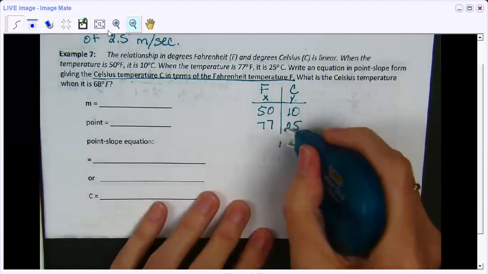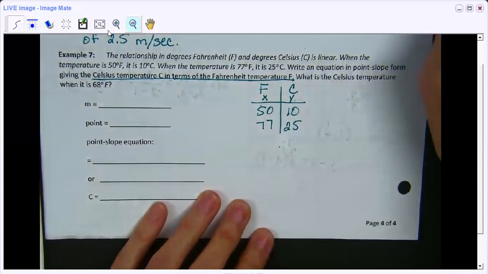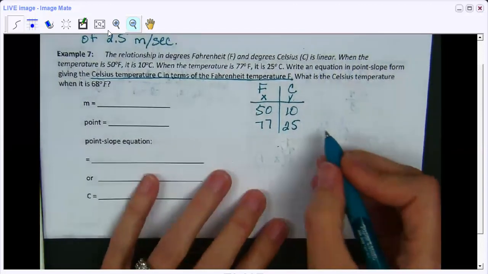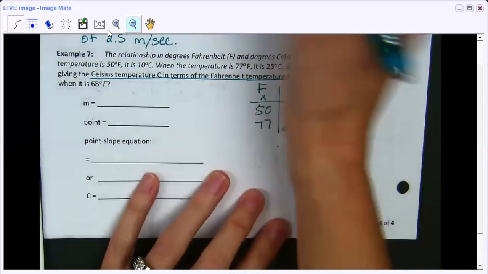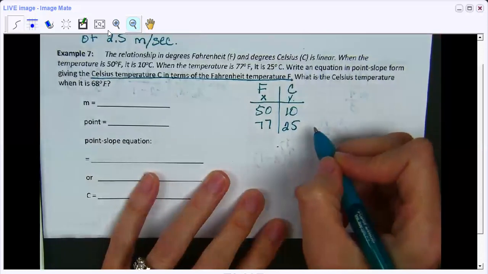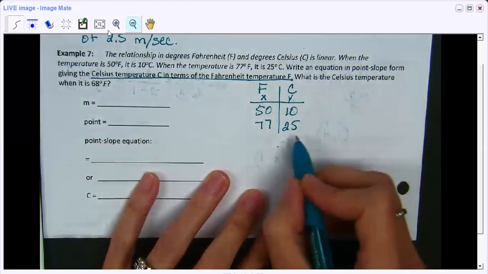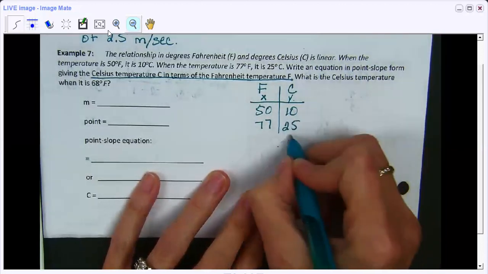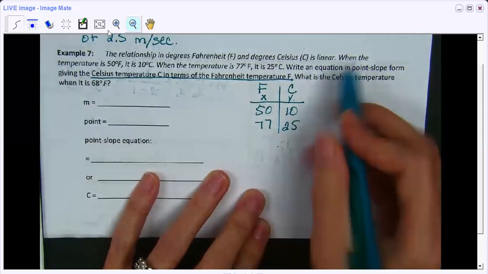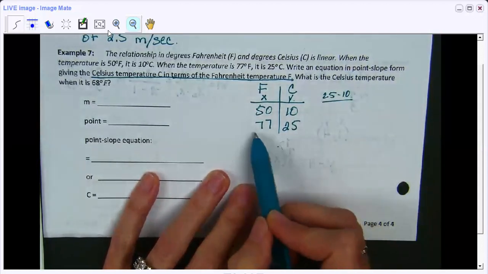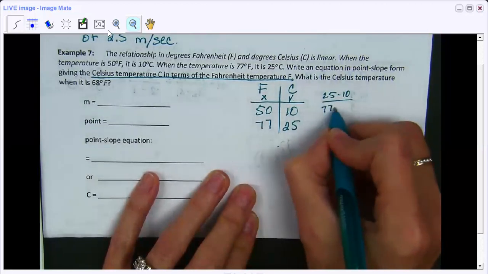Now, we could do change in y over change in x, and we can use the slope formula. I'm going to take my two y's and subtract my y2 minus my y1, which is 25 minus 10, over my x2 minus my x1, which was 77 minus 50.